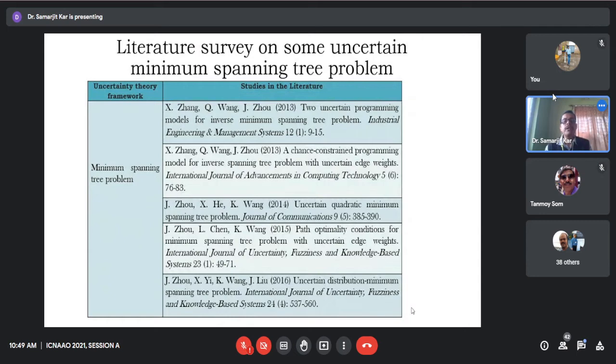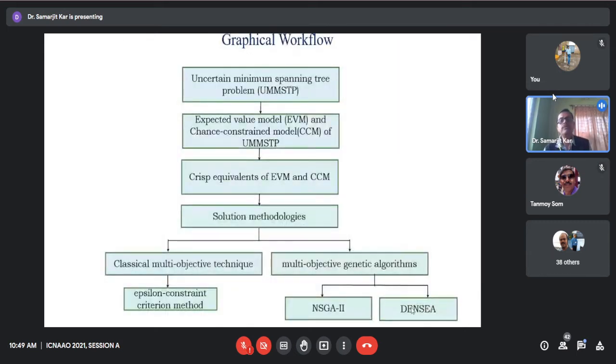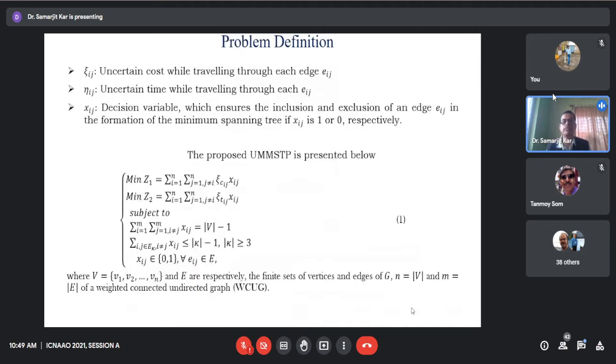So here the main flow of our work is: first we consider this minimal spanning tree model, then we transform this uncertainty based model into a deterministic one by using the expected value model and chance constraint model. Then we use two types of solution methodology, one by classical approach and the other by evolutionary algorithm based approach.